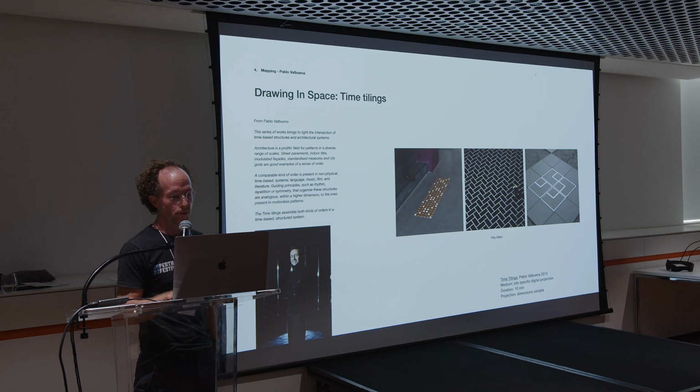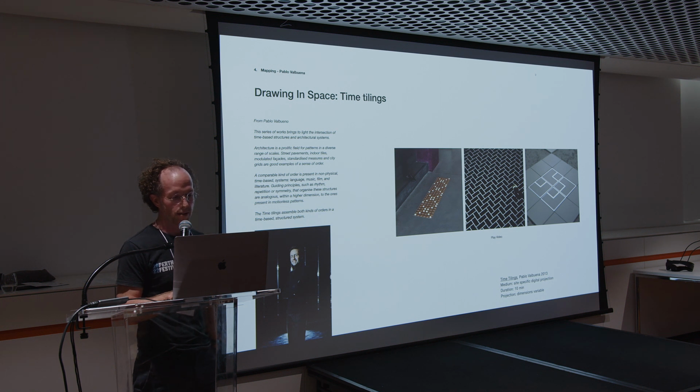Architecture is a prolific field for patterns in a diverse range of scales. Street pavements, indoor tiles, modulated facades, standard measures, and city grids are good examples of this sense of order. A comparable kind of order is present in non-physical, time-based systems: language, music, film, and literature, guiding principles such as rhythm, repetition, or symmetry that organise these structures and are analogous with a higher dimension to the ones present in motionless patterns.